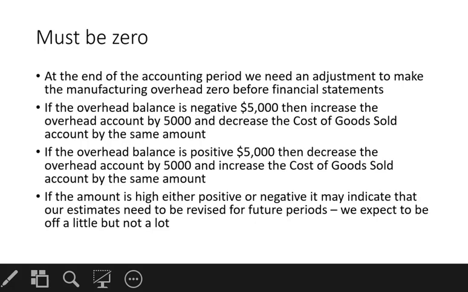Okay? We don't expect it to be perfect. We don't expect it to be within a few dollars. We expect it to be within a few thousands. Okay? We expect it to be immaterial, but we don't expect it to be right on. Okay? And if it's a lot, then we probably need to rethink how we calculate what our estimates were and why we were so off.